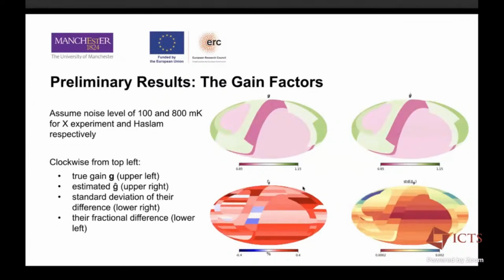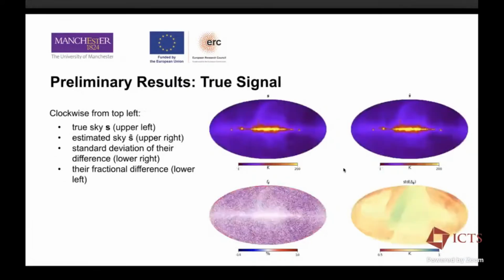Now we look at the same plots for the true signal. Clockwise from the top left, we have the true signal, the estimated sky, the standard deviation of the difference, and the fractional difference. Notice that this looks more noise-like.